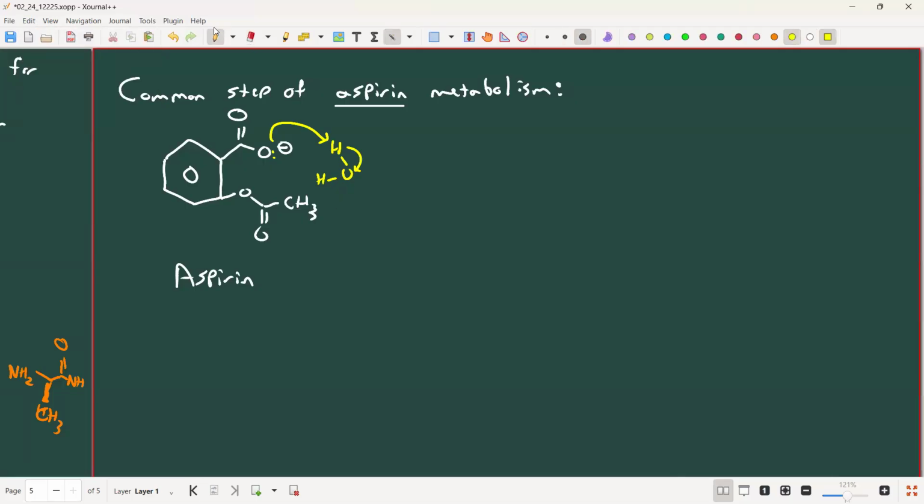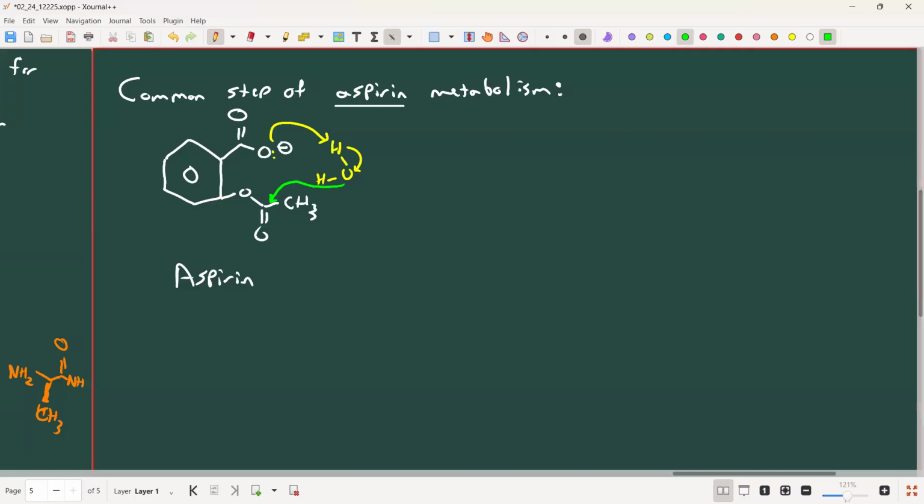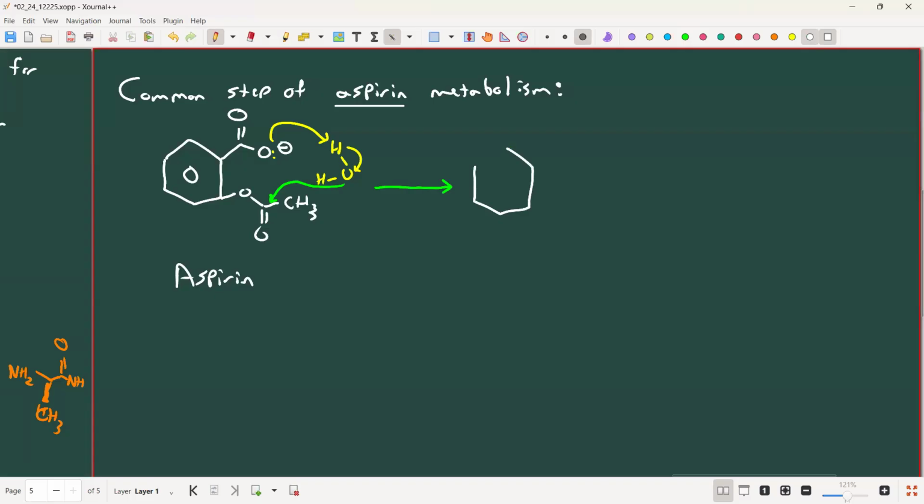That drives electrons into the oxygen, and then that oxygen acts as a nucleophile and attacks the group here. We can run through the acid-base and carbonyl chemistry, but I'll just show you the result. This is what your body does to metabolize aspirin.